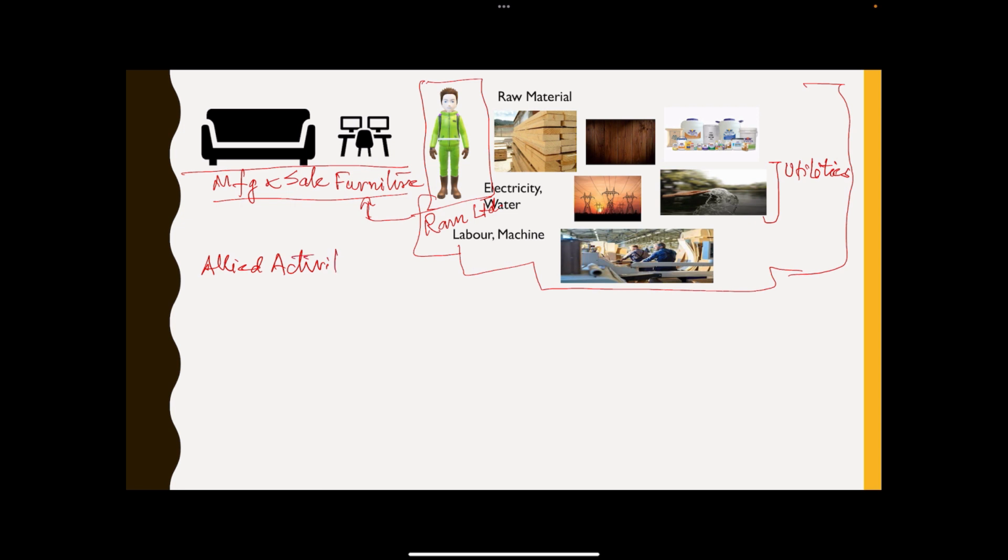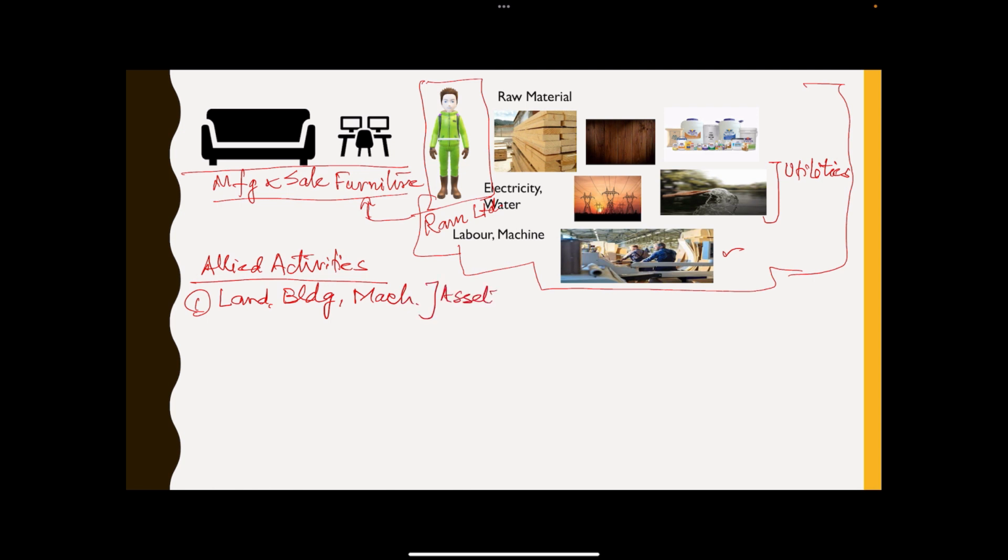Which allied activities will Ram have to do? If we look at the picture here, we can see people working in a factory with a machine to manufacture furniture. What will he require? He will require land, and he will construct a building on that land. He'll require machines and other assets.